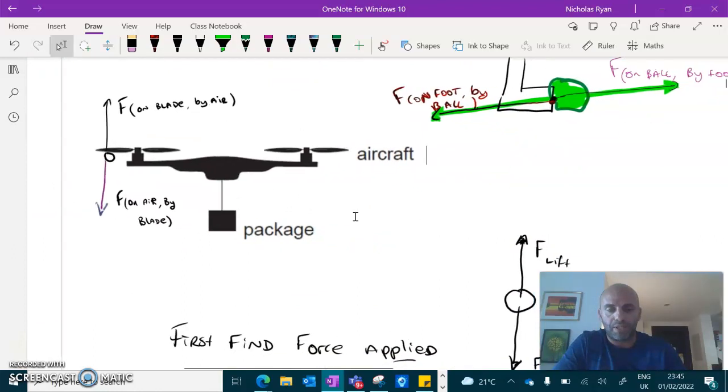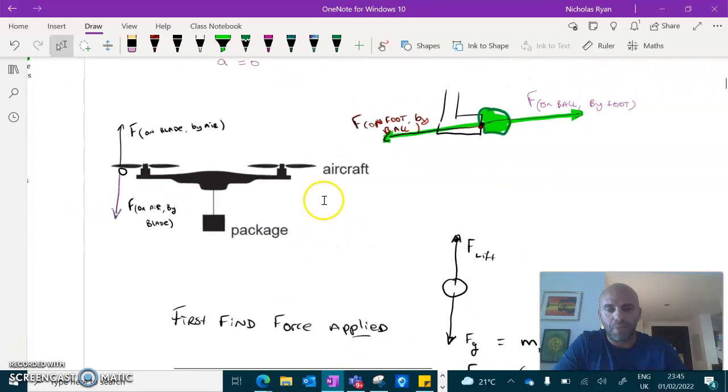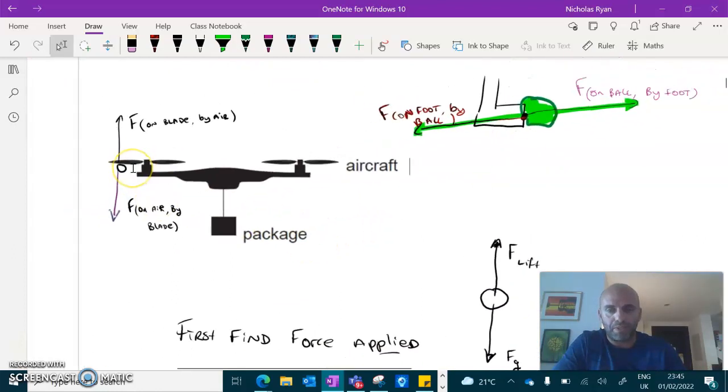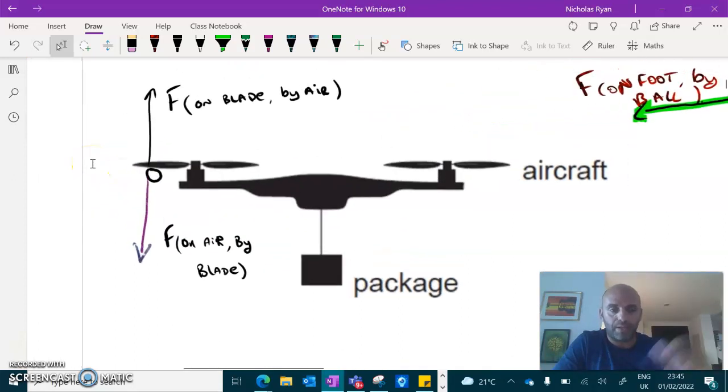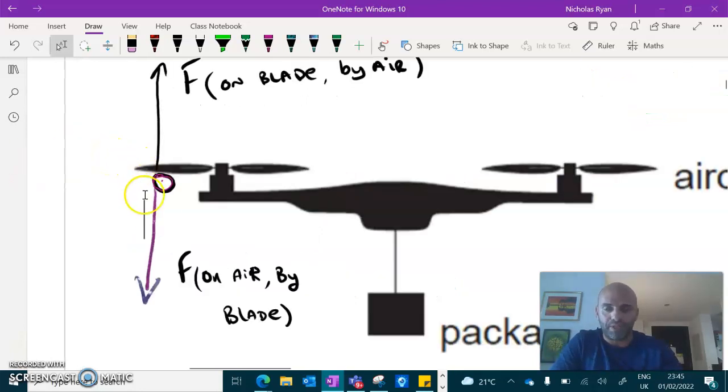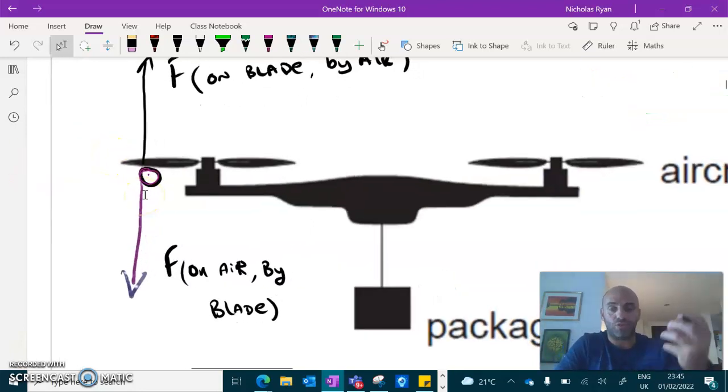So how can you apply that to this? It might be worth thinking about this as a foot and a ball, okay? And again, I'll come back to that analogy later on in the question. So if the blade is the foot, it's pushing the air down. Now, I've drawn the air in as a little ball here because I think it helps to visualize it as just one object by itself.